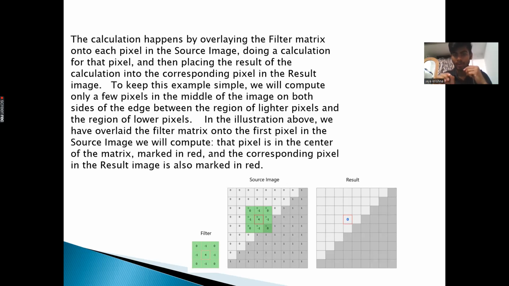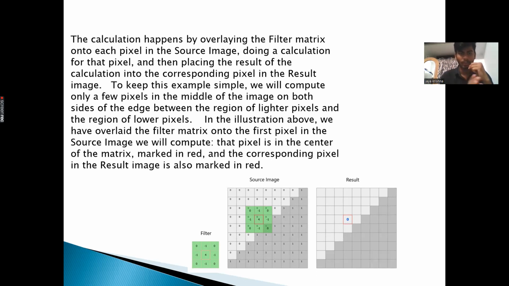To keep this example simple, we will compute only a few pixels in the middle of the image, on both sides of the edge between the region of lighter pixels and the region of darker pixels.